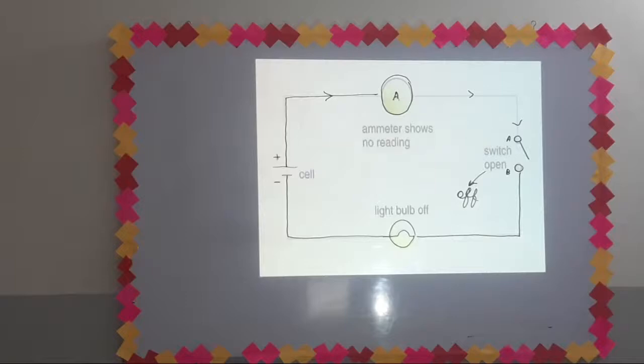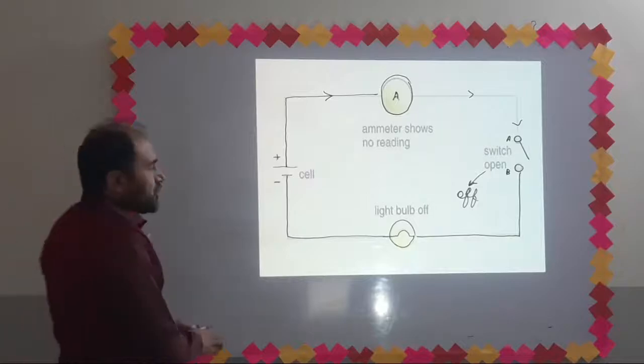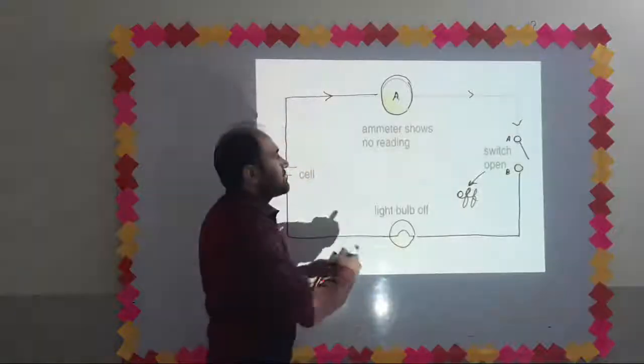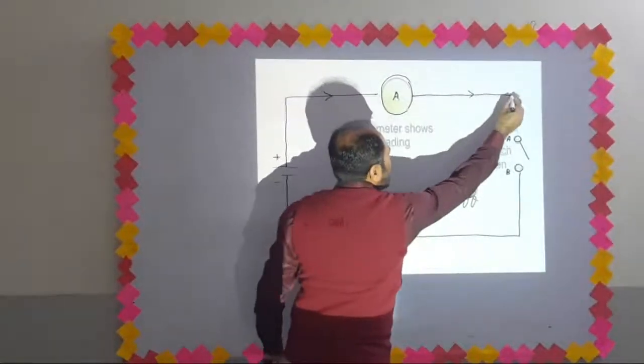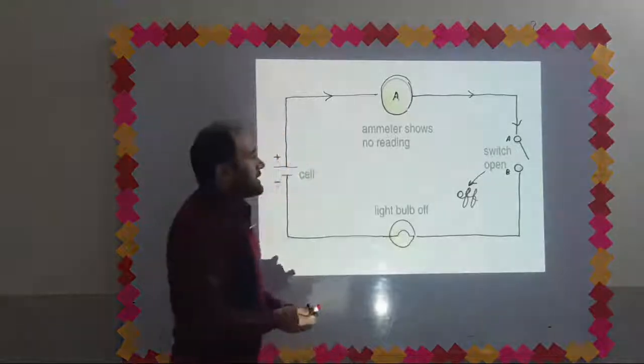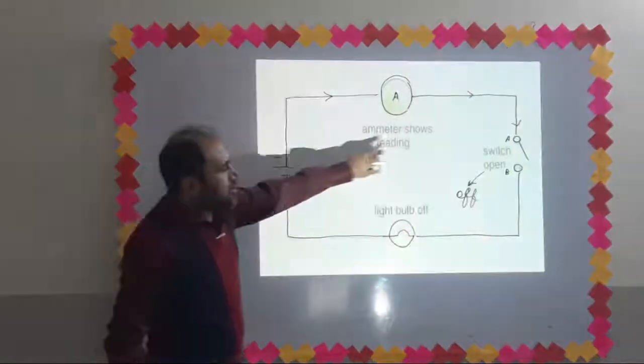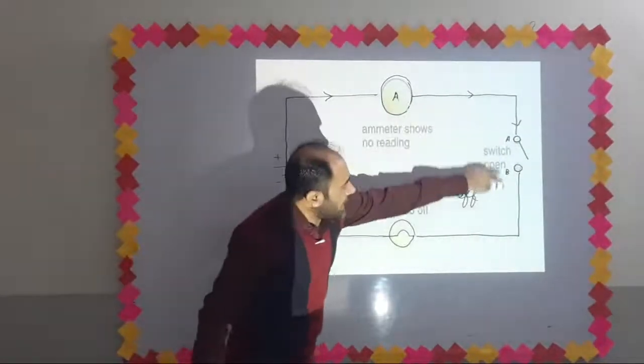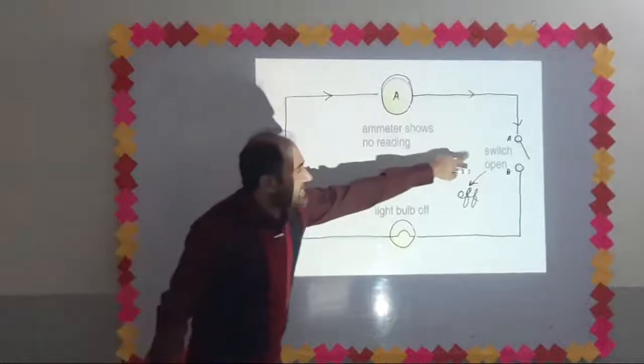So write down the definition of open circuit. Open circuit is a circuit in which there is not a complete path. The circuit in which there is not a complete path for continuous flow of charges is called an open circuit.